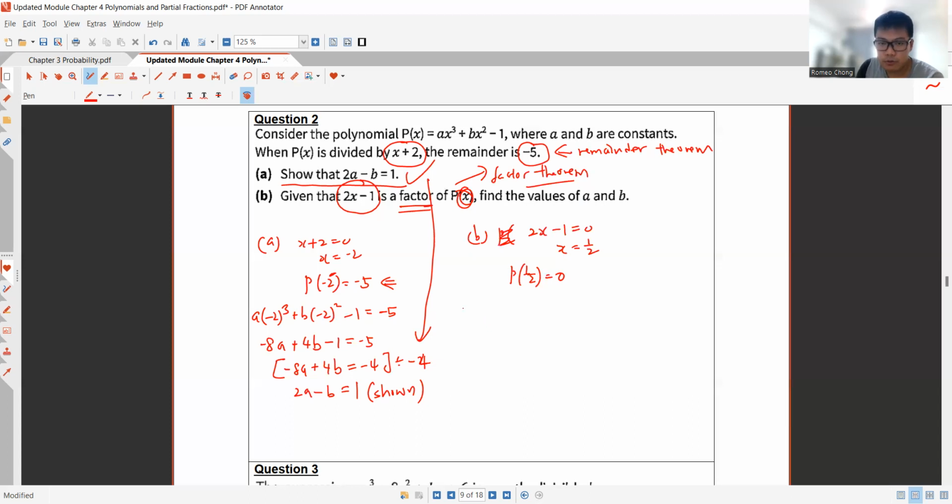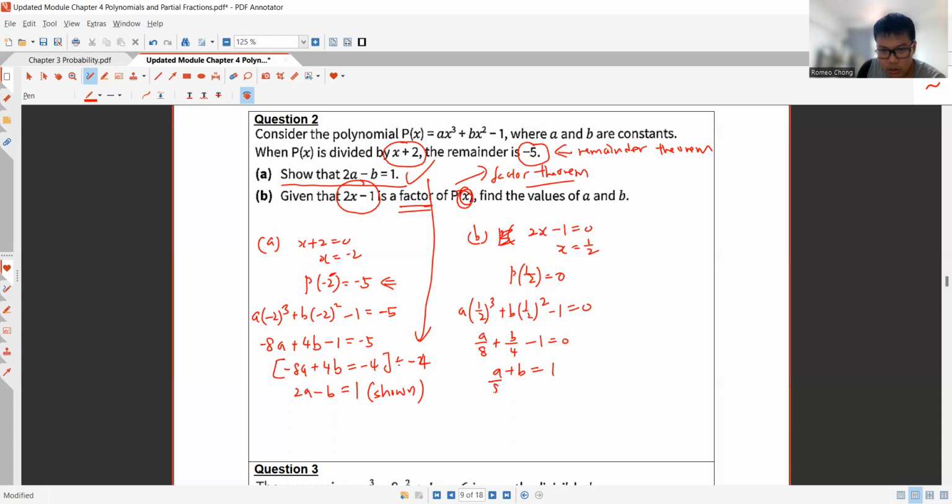Then substitute. So for the a, 1 over 2 cubed plus b, 1 over 2 squared, minus 1 equal to 0. Then you expand this one, you actually get a over 8 plus b over 4 minus 1 equal to 0.